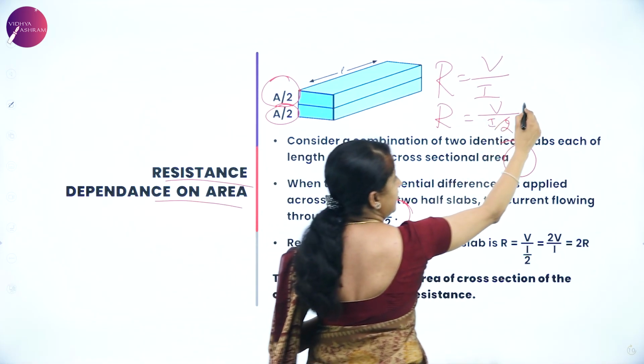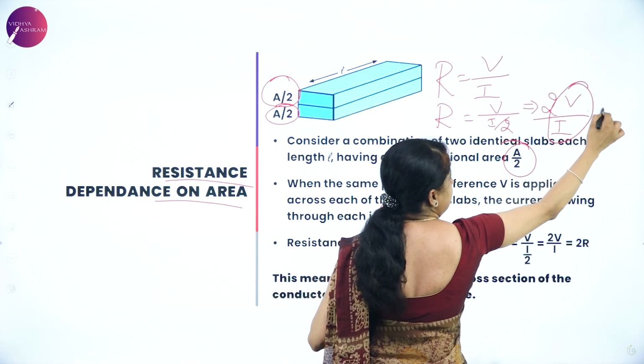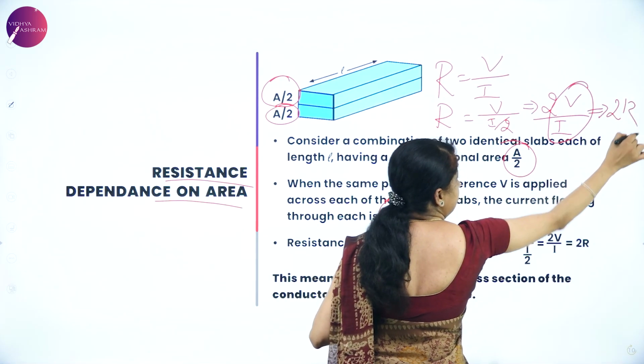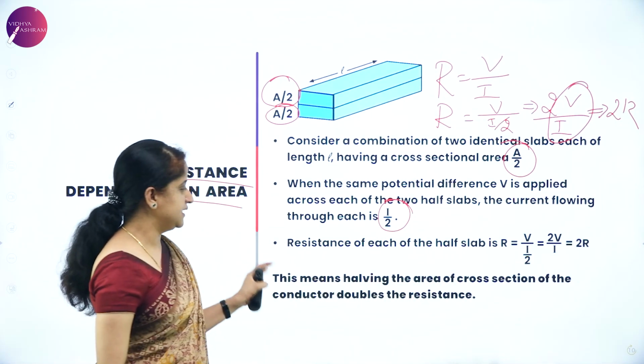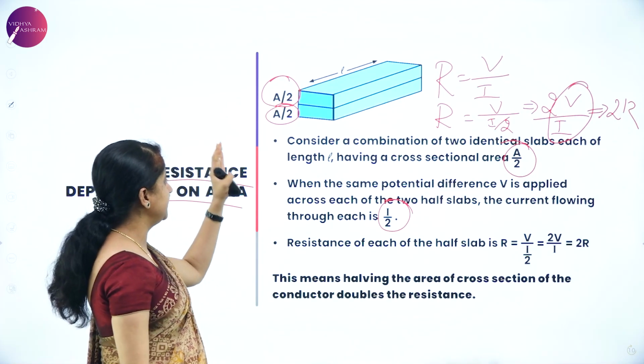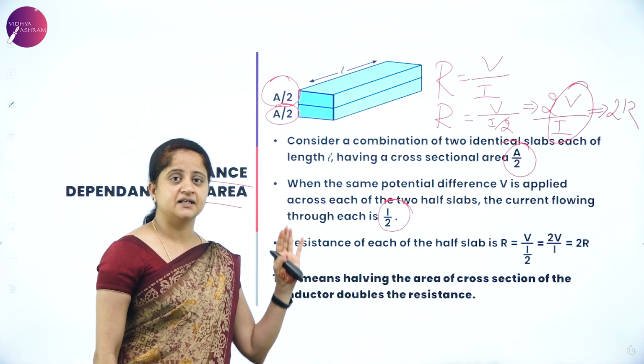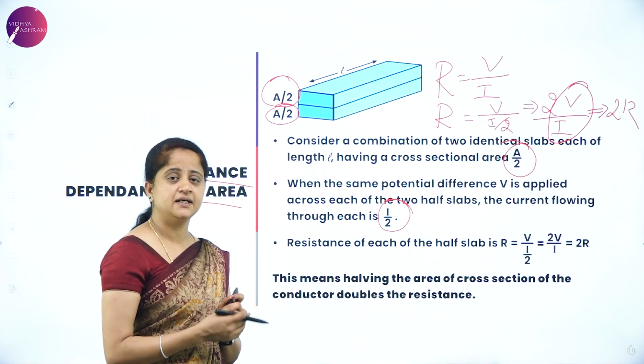From this we can write 2V divided by I. What is V by I? It is R. So it becomes 2R, which means decreasing the area of cross section of the conductor doubles the resistance. As the area of the conductor decreases, resistance will again increase.